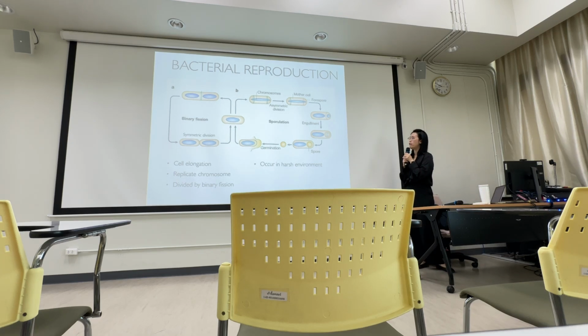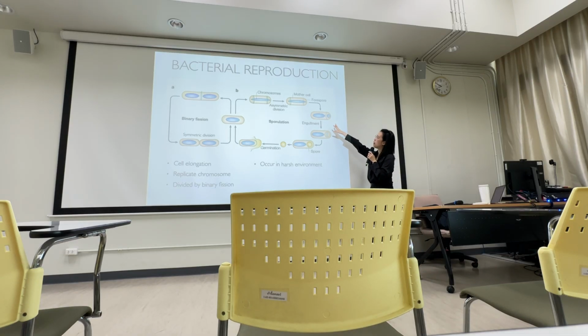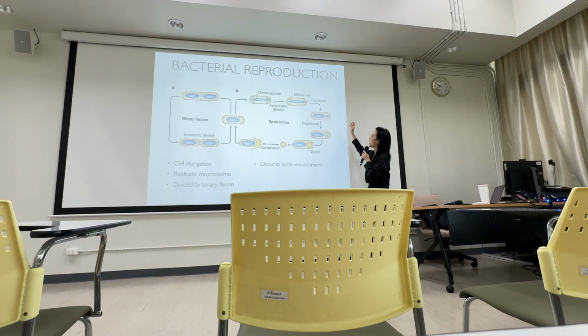But in harsh environments, sometimes the bacteria produce spores to resist the harsh environment. The way that they produce the spore, the endospore, is a bit different. They increase their size, increase their genetic material, and then they divide into two. We call the first cell the mother cell, and then we call the other the spore cell.